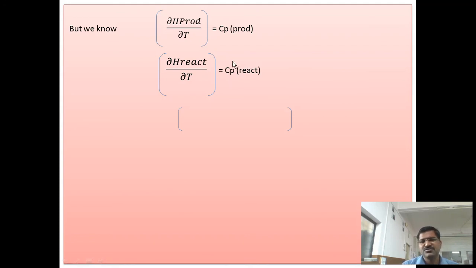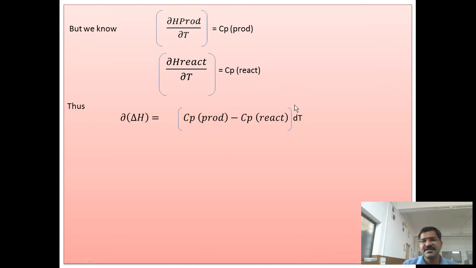So these are the two heat capacities for the products and reactants. We can insert these values into our previous equation, and thus we get the equation.